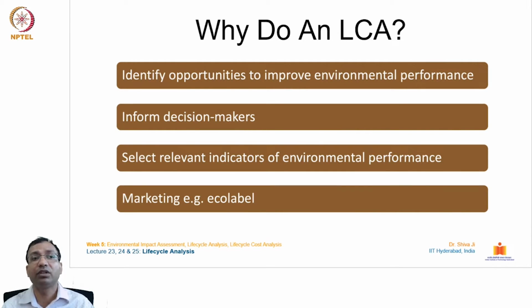The second is to take informed decisions. Taking informed decisions is a very important factor, because if some repercussions come up later, or some discovery takes place later in the life cycle of a product, then there will be very bad repercussions and after effects.